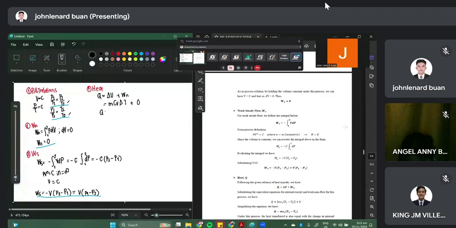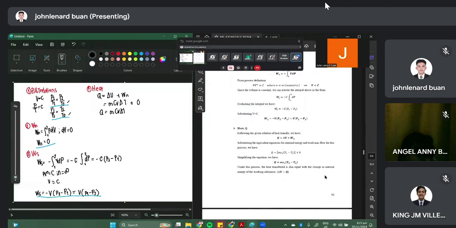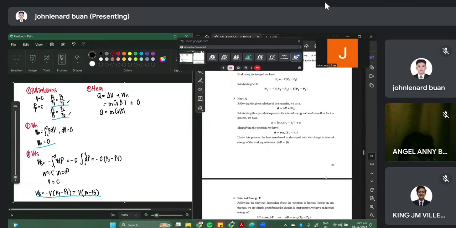Therefore, the equation for heat under an isochoric process is m Cv delta T, where delta T is equal to T2 minus T1, or the final temperature minus the initial temperature. And therefore, please take note, our heat is equal to the internal energy. Okay? So that is the equation for heat under an isochoric process.